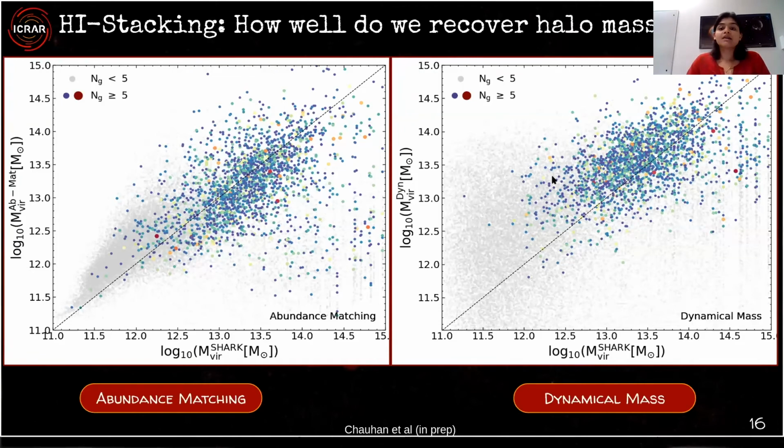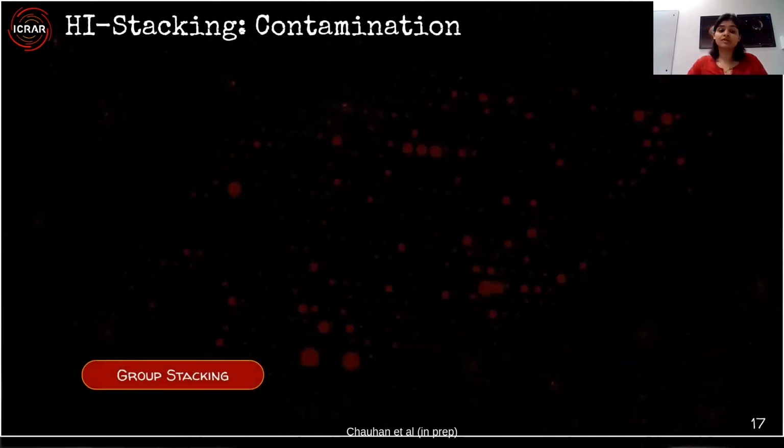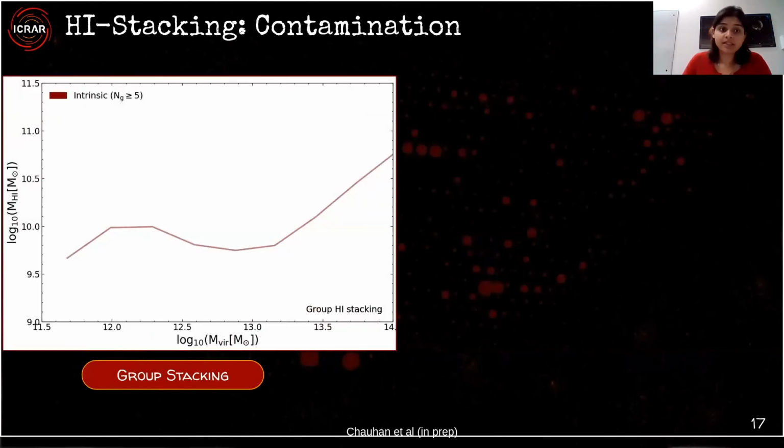Finally, looking at the contamination, we also want to determine how big a part contamination plays in the determination of the HI halo mass relation. For that, over here, I'm showing a comparison.